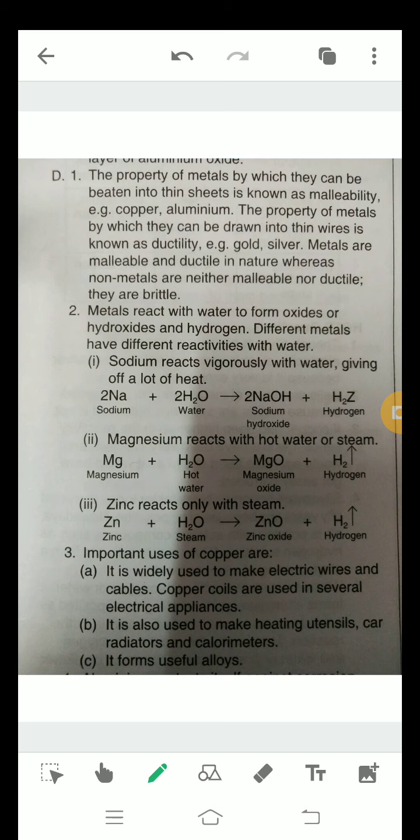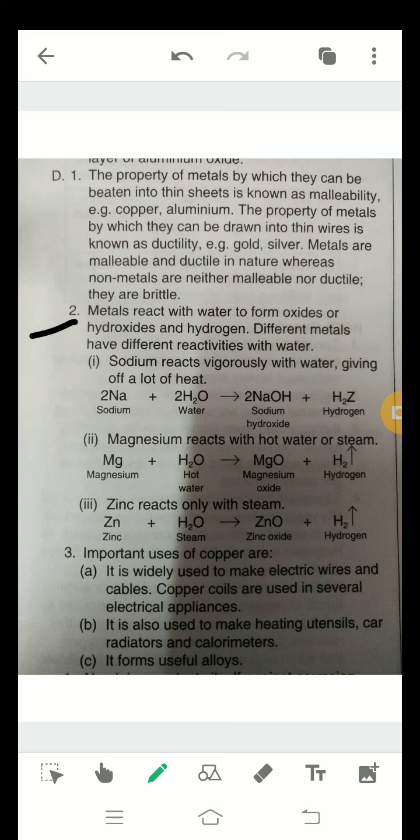Now question number 2. Give 3 examples of reactions between metal and water to show that different metals have different reactivities. So the answer will be: metal reacts with water to form oxides or hydroxide and hydrogen. Different metals have different reactivities with water.